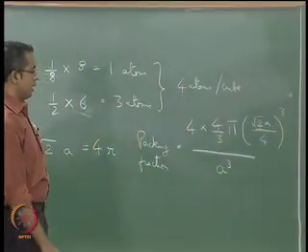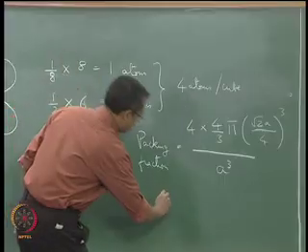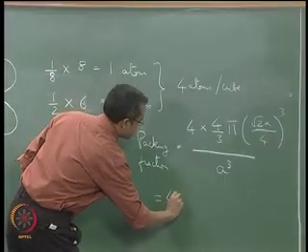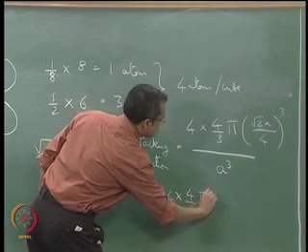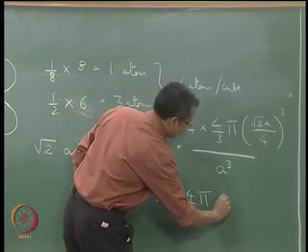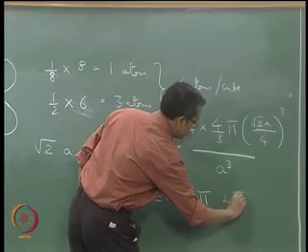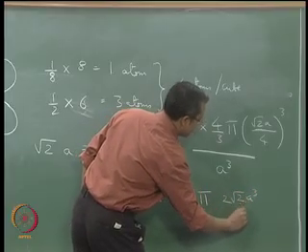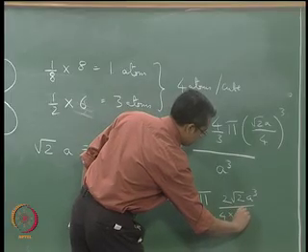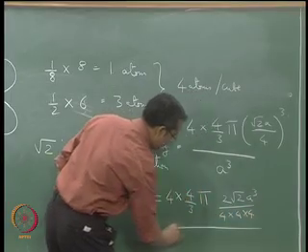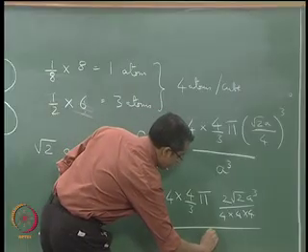If you simplify this, I will just write it here so that we can cancel out what we need to cancel out. So this is 2 root 2 A cubed by 4 into 4 into 4, by A cubed.